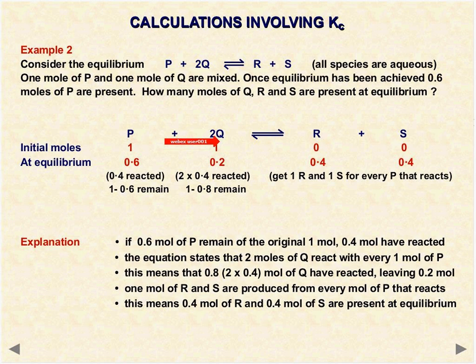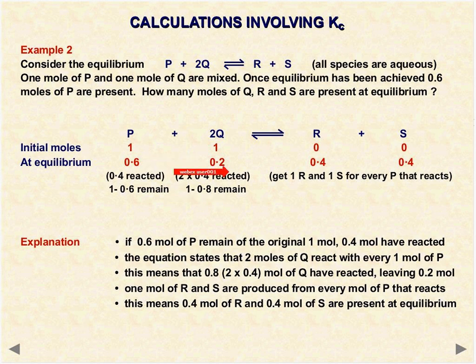Get this? So that is saying here that it is 2 into 0.4 reacted. So if 0.8 reacted, what is remaining is 1 minus 0.8. So that is 0.2. Okay?